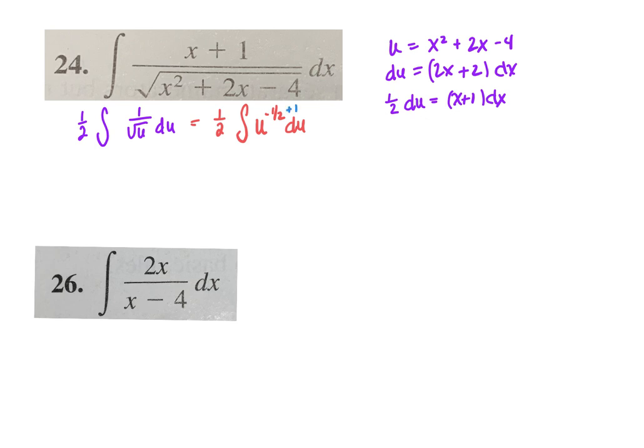So the new exponent is just going to be positive 1/2, and then dividing by 1/2 is multiplying by 2. And so you just cancel these, replace your u with what your u was. That's x squared plus 2x minus 4 to the 1/2, or square root, plus c.